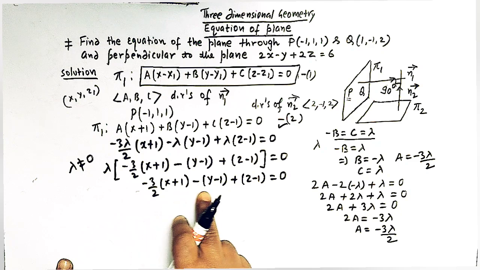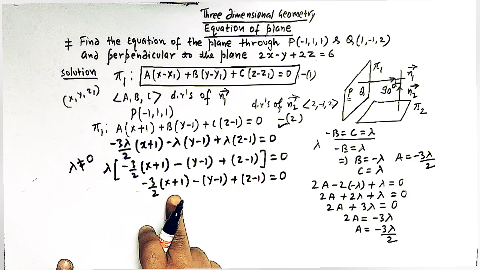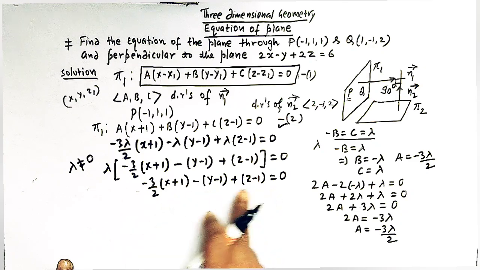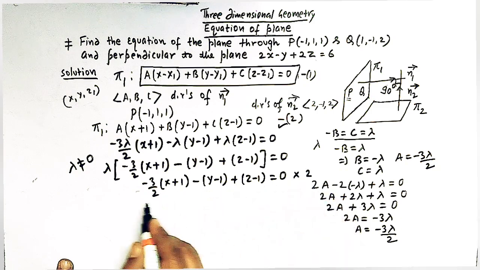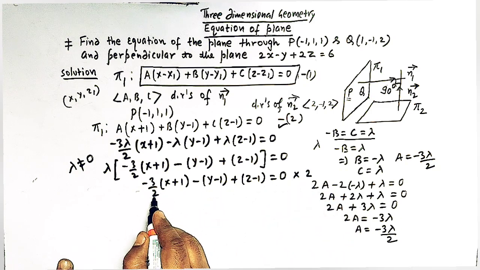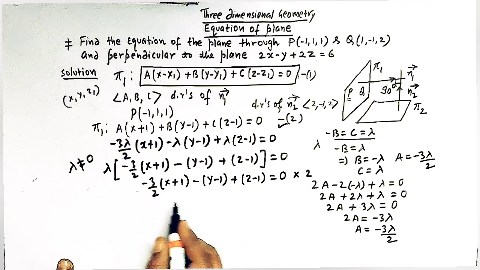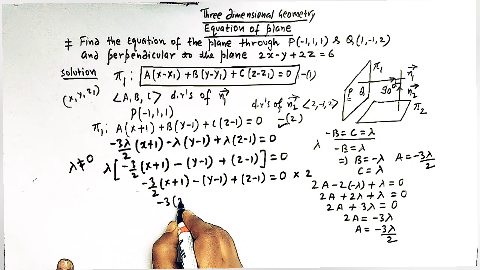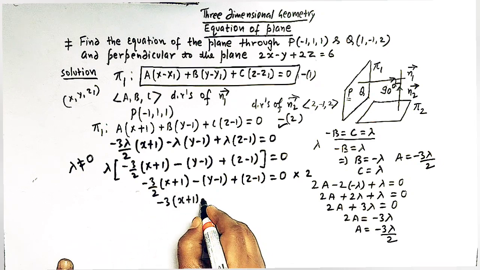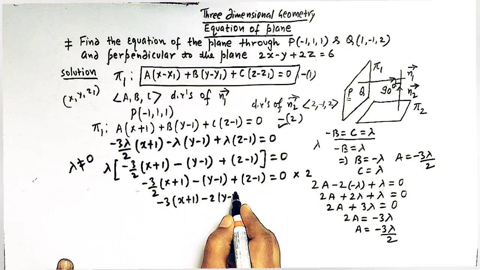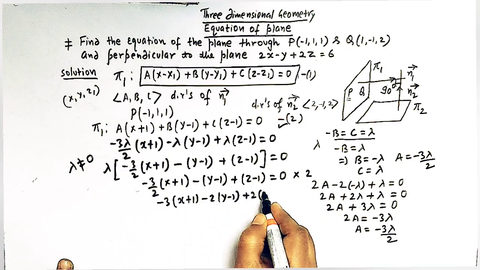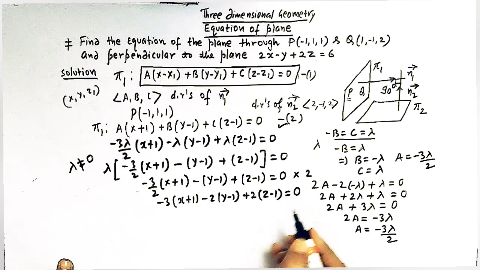So let us now here arrange the terms by multiplying throughout by 2, so that we can easily get rid of this factor 2. So we have minus 3 times x plus 1, and then here we have 2 times y minus 1, and here we have 2 times z minus 1 is equal to 0.